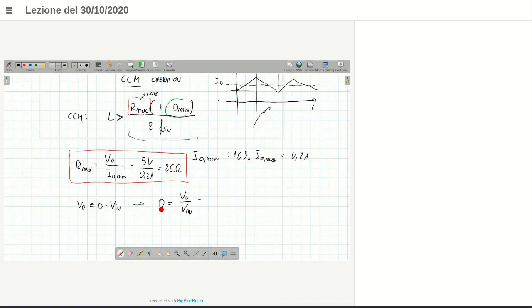Now let's discuss what is the minimum duty cycle. Since VO is fixed, in order to get the minimum duty cycle, we should consider the maximum value of the input voltage.